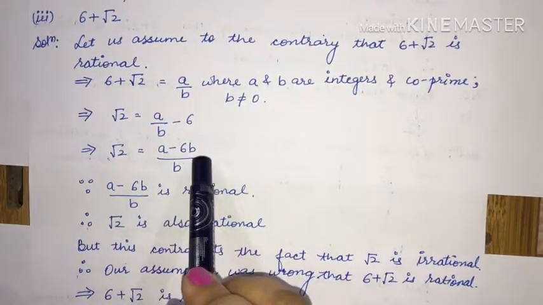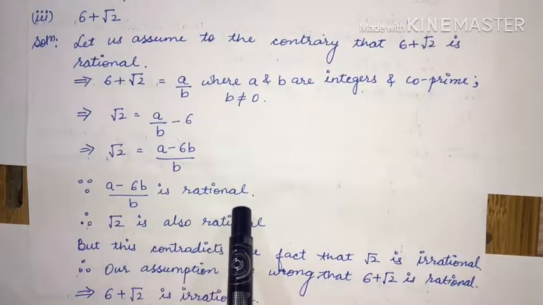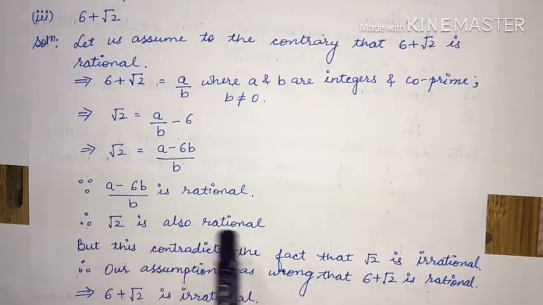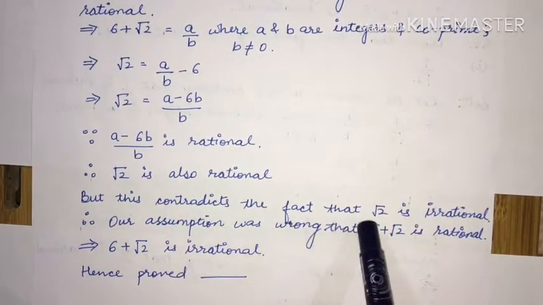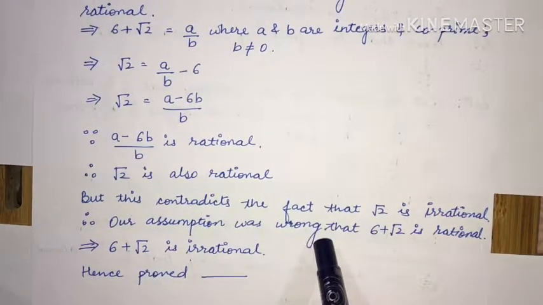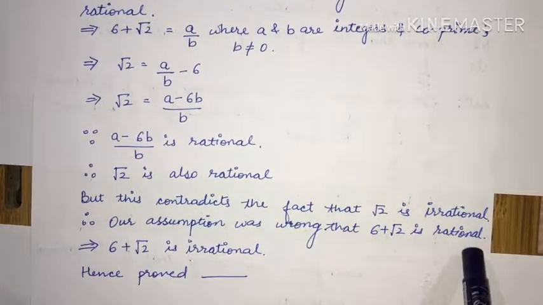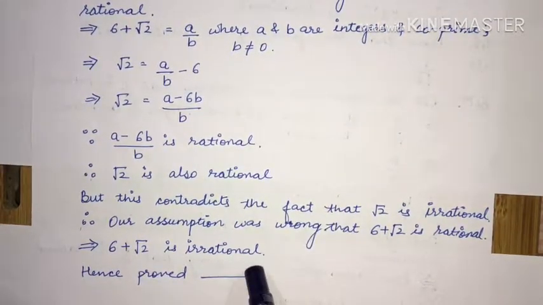Here we have taken LCM again. Since a minus 6b upon b is rational, therefore root 2 is also rational. But this contradicts the fact that root 2 is irrational, therefore our assumption was wrong that 6 plus root 2 is rational, which implies 6 plus root 2 is irrational, hence proved.